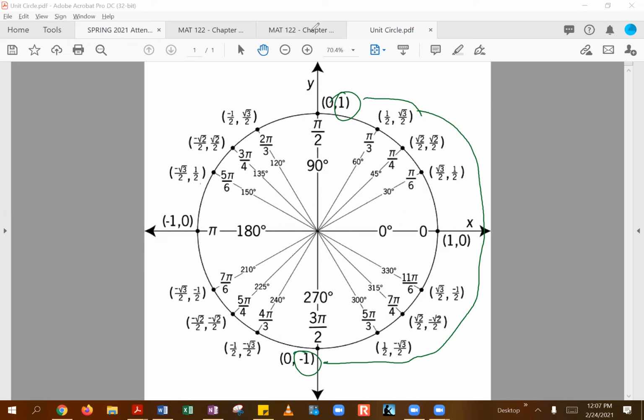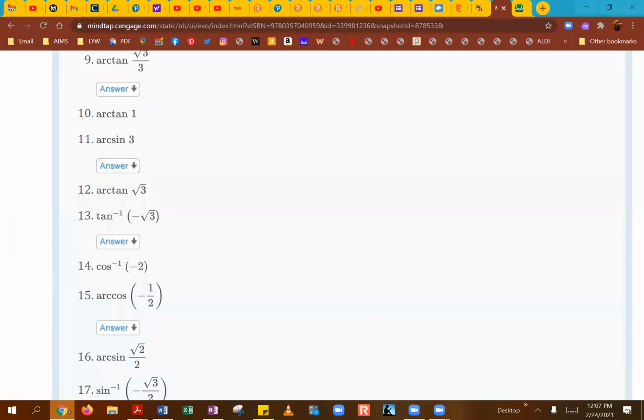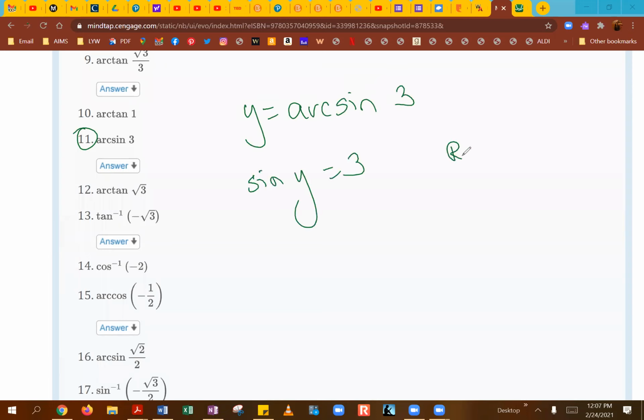So when you're saying y equals arc sine of 3, that translates to sine of y has to be 3. But remember, the range for the sine function only goes from -1 to +1. So 3 is outside of this range. That's the reason why you will not find an answer.